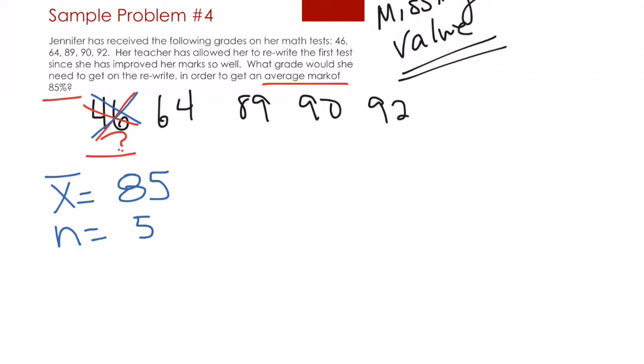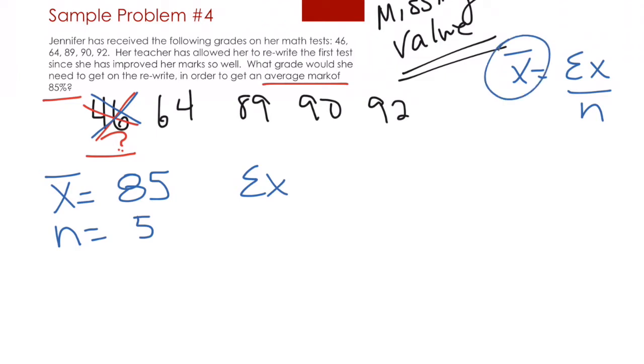So our first step when we're doing a missing value question is to figure out the sum of all of our values. So we're figuring out the E of x. So if you look back to the equation for mean, we said our mean is equal to E of x over n. So we know what this is, the mean, and we know what n is. So we want to find what's the sum of all of our values.